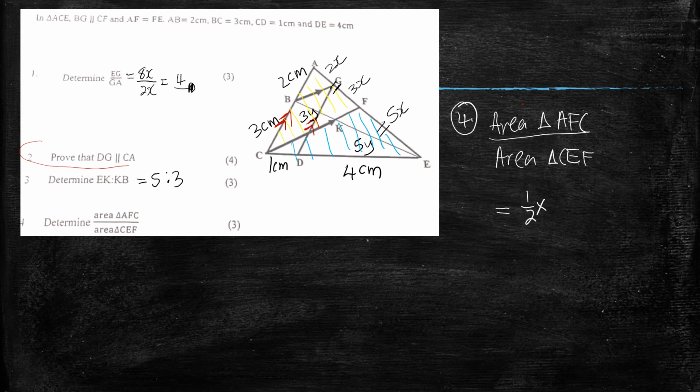Look at this. Which side do you know in AFC? In AFC, we have this side here, which we know, and the other one which we know is this side here, right? So we have that side and that side.